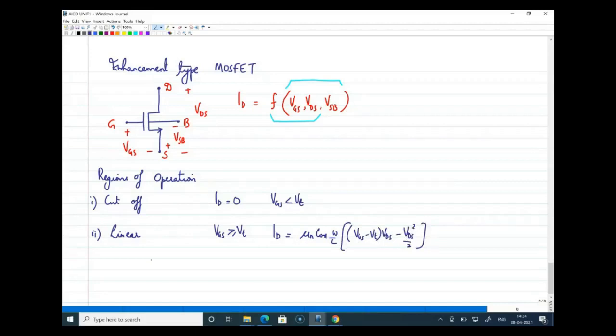Right. Now one more condition we need to talk about here, which is the VDS condition. It should be less than or equal to VGS minus VT in order to remain in the linear region of operation.